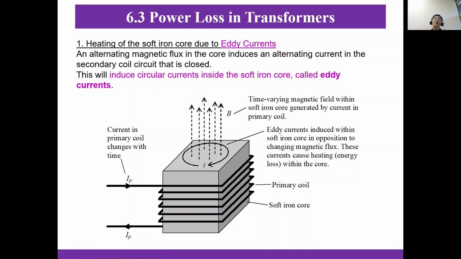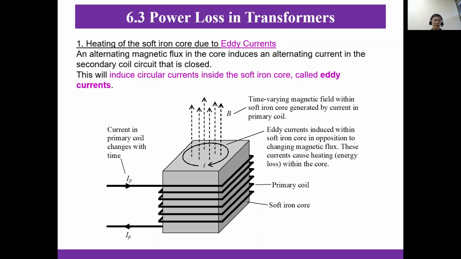At this point, I recall that many students ask me, how are eddy currents different from induced currents? Well, eddy currents are induced currents, but in these cases of power loss, we use the word eddy simply because we want to show that it is the currents that cause energy to be lost.